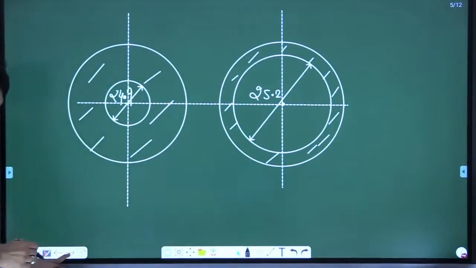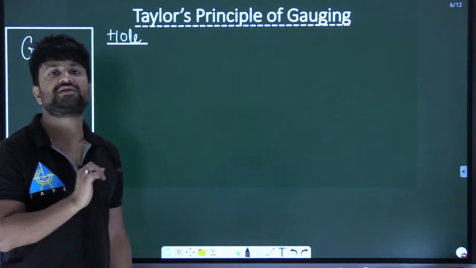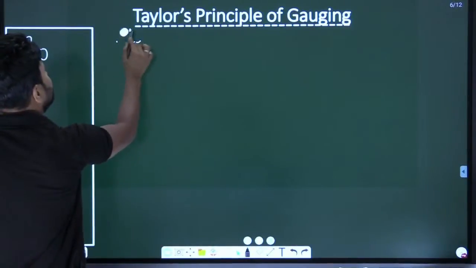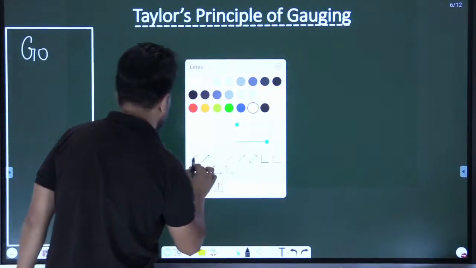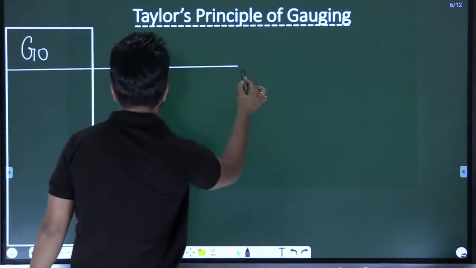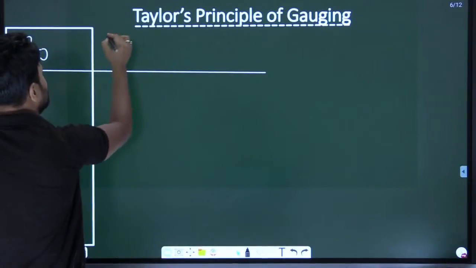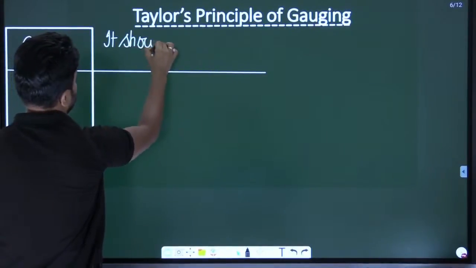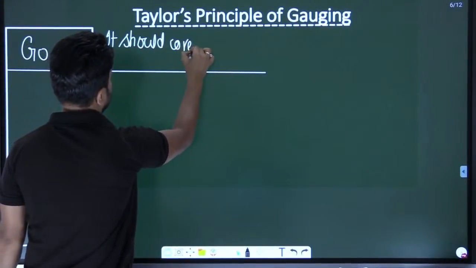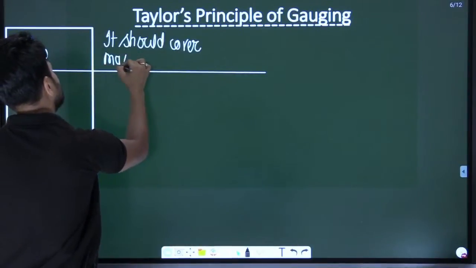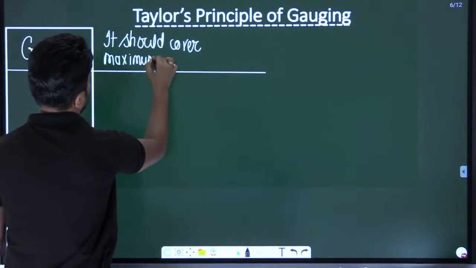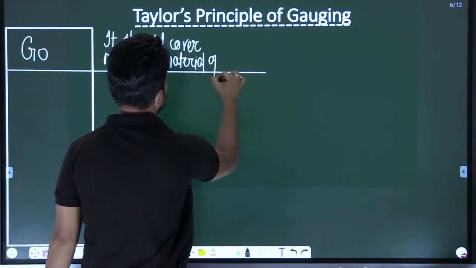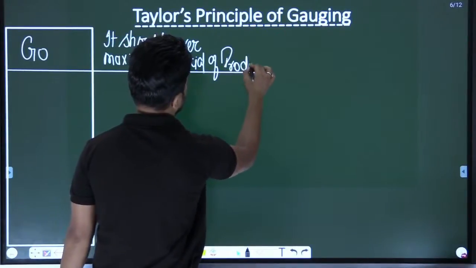So Taylor says you have to design go in such a manner that it should cover the maximum material condition of the product. I will write the condition so you will never forget it. Am I clear?